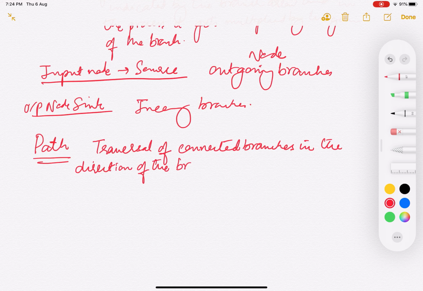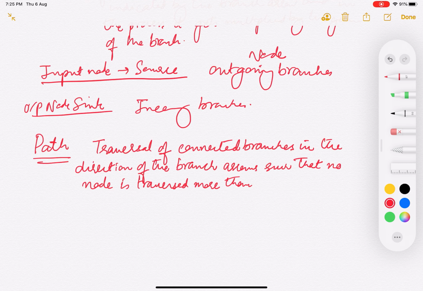So you move along the branch arrows, you are moving along the path. But the condition is that no node is traversed more than once. So a path would be one which will not contain a closed loop. Very simple.